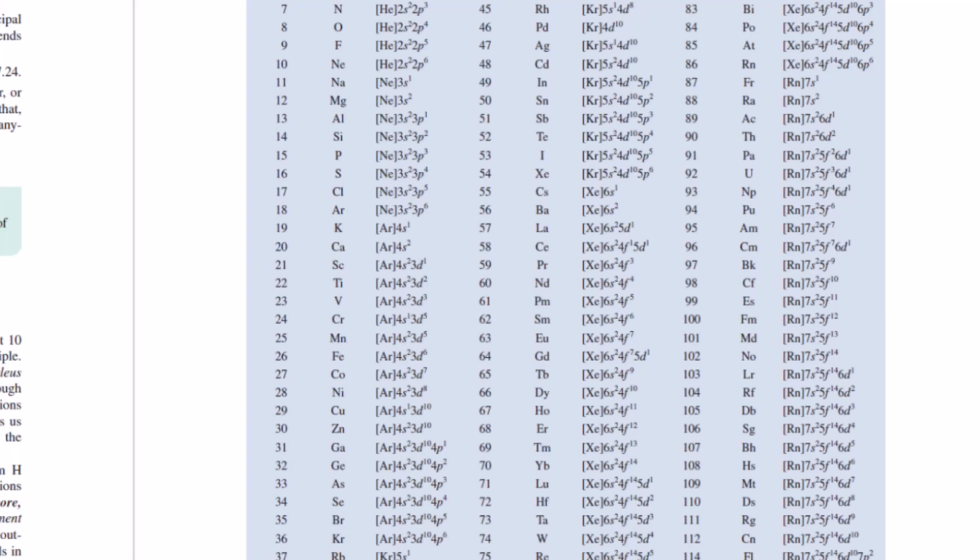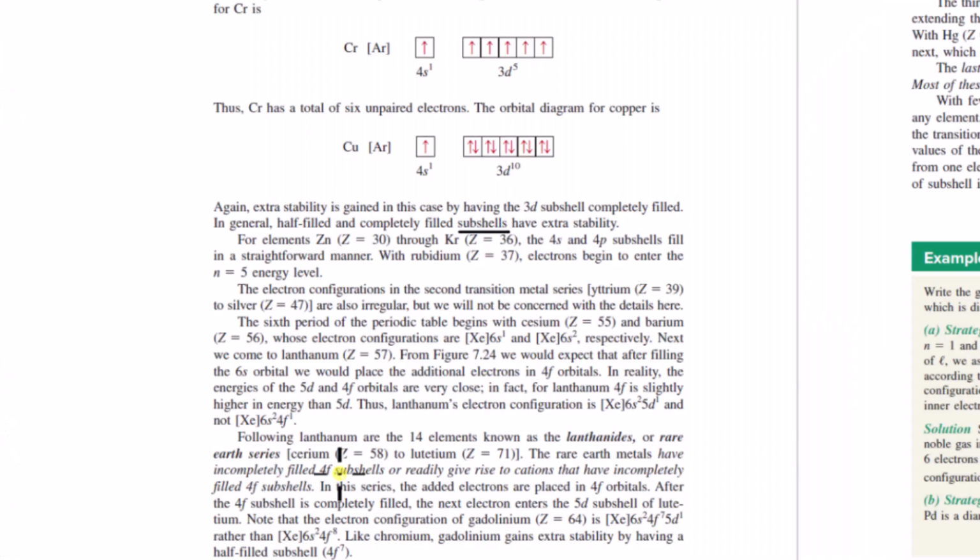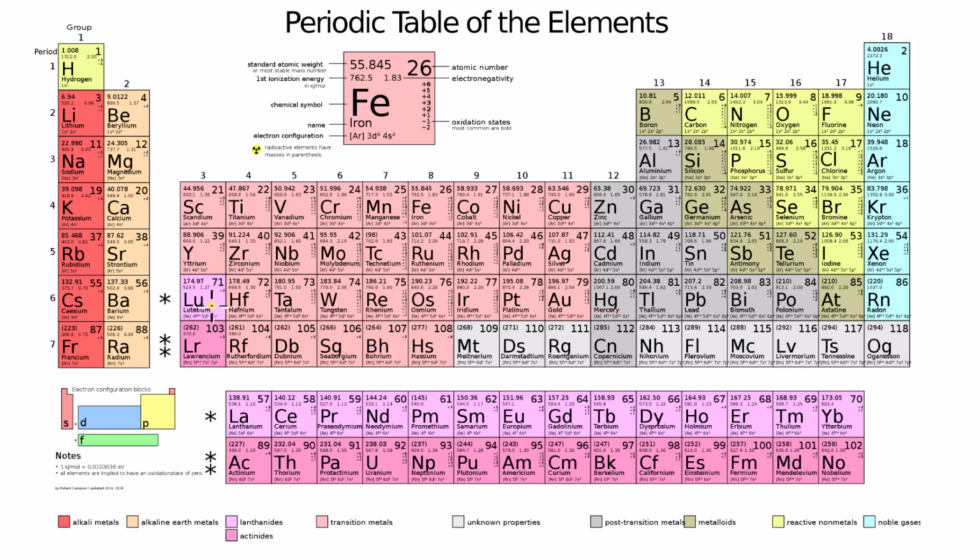So according to this statement here, the lanthanides start with cerium, which comes right after lanthanum, and go to lutetium.